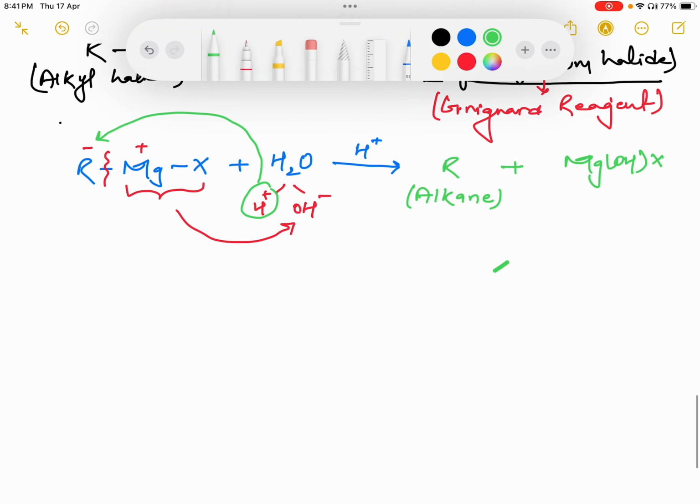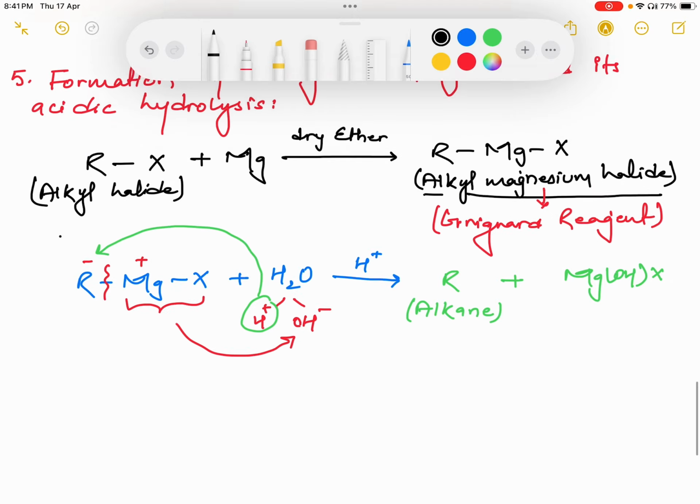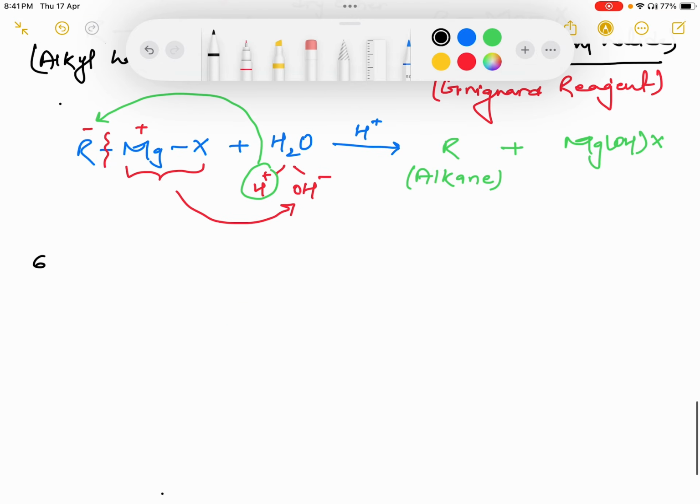We have already done the Wurtz reaction, so I believe you'll be able to do this one as well. So we have Wurtz-Fittig reaction.